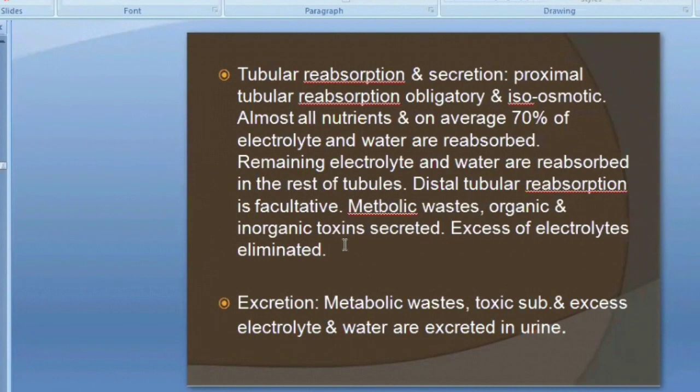Even excess electrolytes, say sodium is reabsorbed, and if this sodium is in excess, it can be eliminated. Excess water is also eliminated.